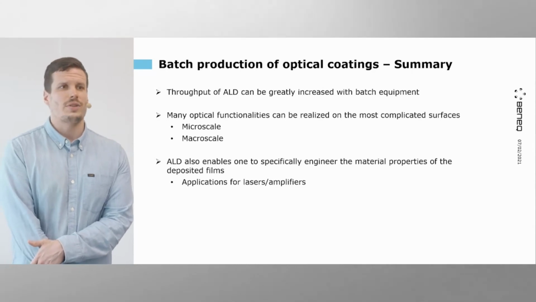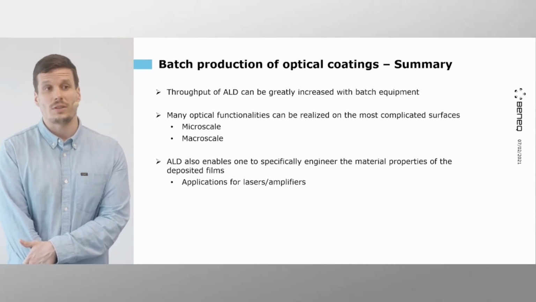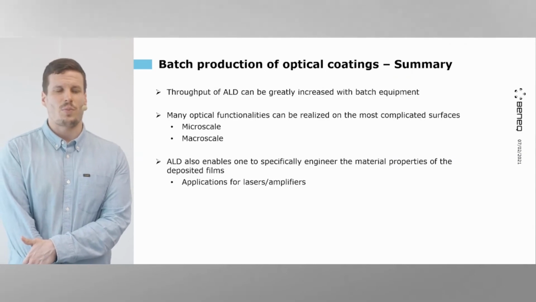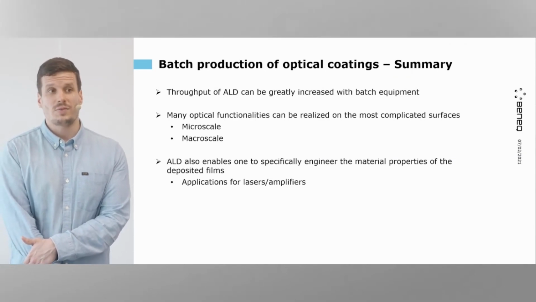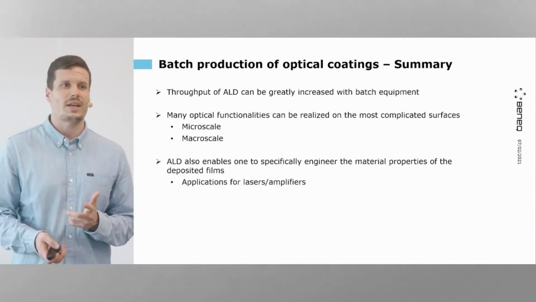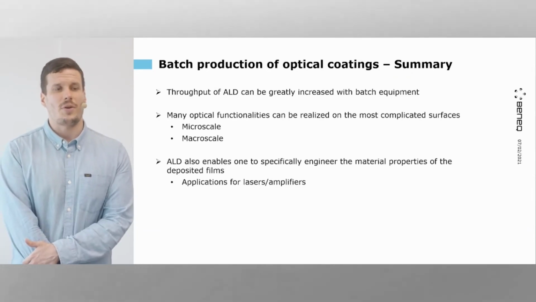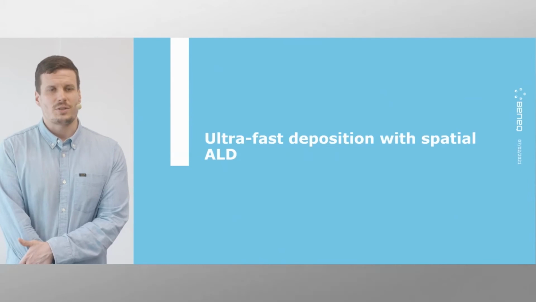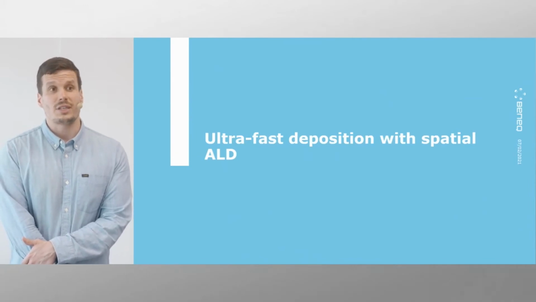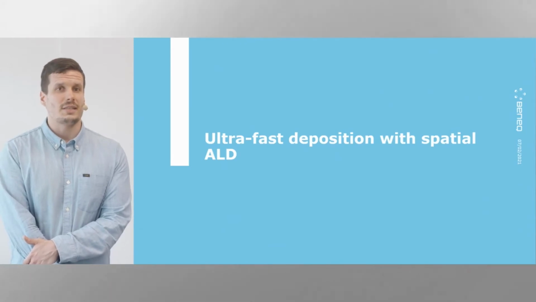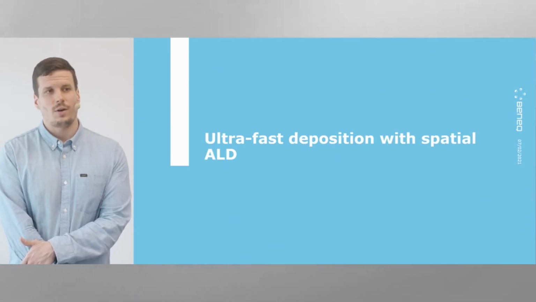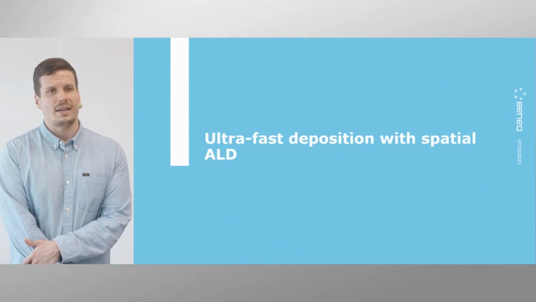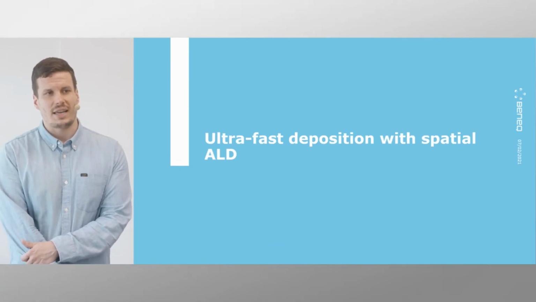And finally, I showed you that the ALD also enables one to specifically engineer the material properties of the deposited films, which find applications, for example, in laser technology, but of course, other areas as well. So now, Sami is continuing this presentation with a very interesting topic and shows you another way of increasing the throughput or the deposition rate of ALD with our newest addition to the ALD family, the spatial ALD.